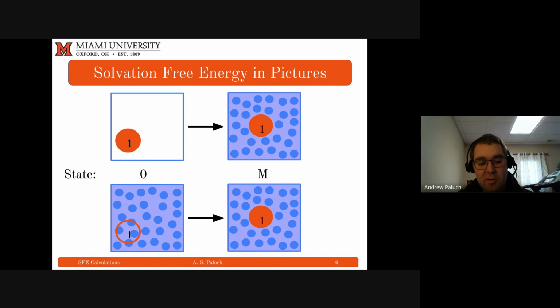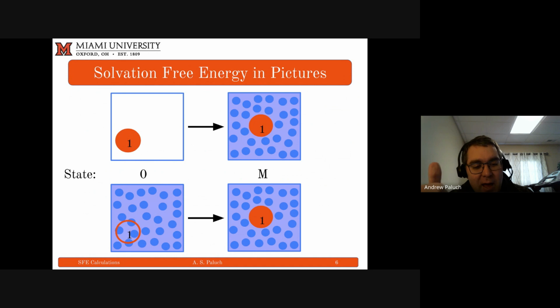What we do in our simulation is we have our system in which we have our solute and our solvent, but we're going to turn off all of the intermolecular interactions between our solute and the solvent. So how we model this ideal gas reference state is we take our solute. We're going to have a system in which we have solvent molecules and our solute molecule, but we're going to turn off the intermolecular interactions between the solute and solvent.